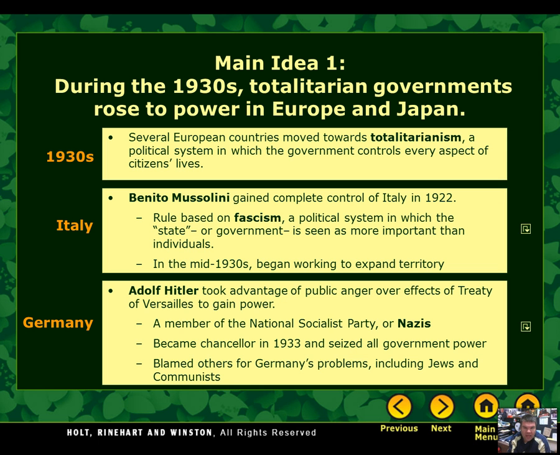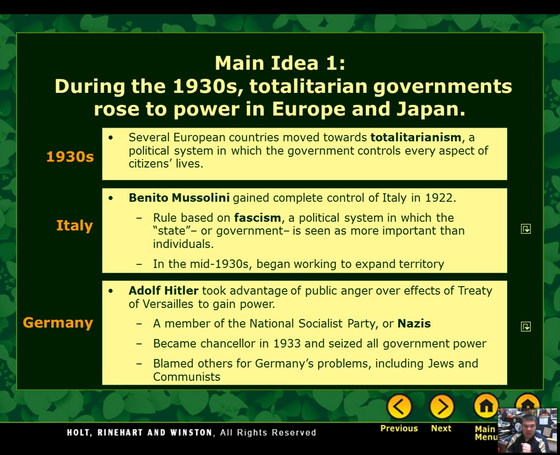And so as the depression takes place around the world, in countries where the governments weren't very stable, leaders were able to emerge and take control. And so what you have here in the 1930s is a bunch of European countries moving towards totalitarianism, which is a political system where the government controls every aspect of citizens' lives.